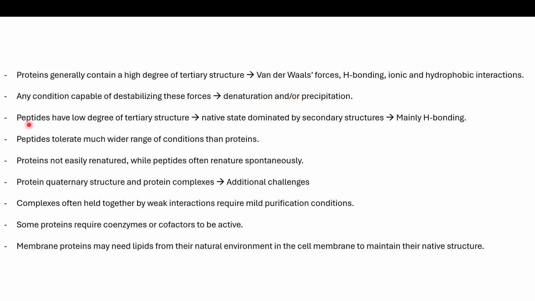Now, proteins are much larger compared to peptides, which are kind of fragments, right? Peptides have a low degree of tertiary structure, and their native states are usually dominated by secondary structures, mainly hydrogen bonding, like we see in beta sheets and alpha helices.